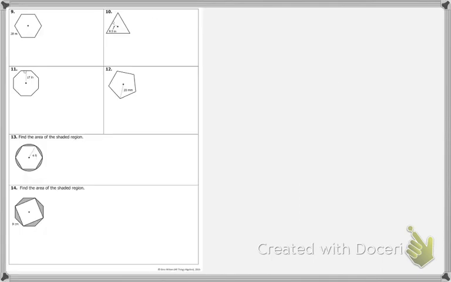So we had a question on number 9. Alright, so number 9, we're given a side. We have to fulfill that formula. So the formula, again, 1/2 the apothem and the perimeter.